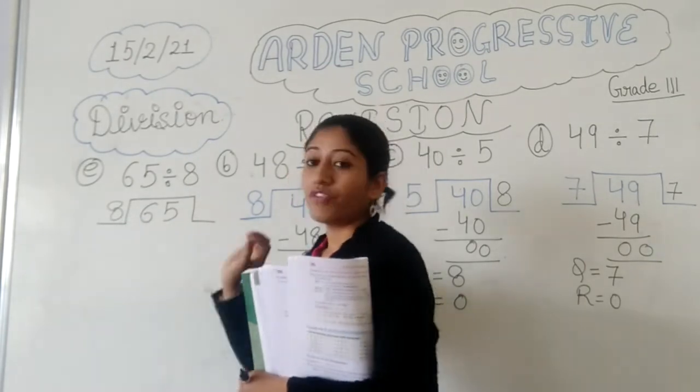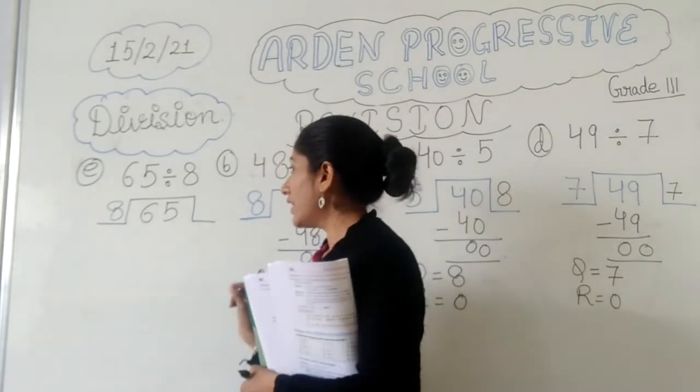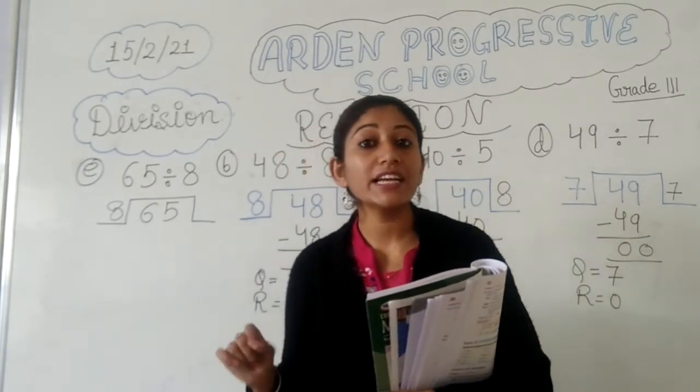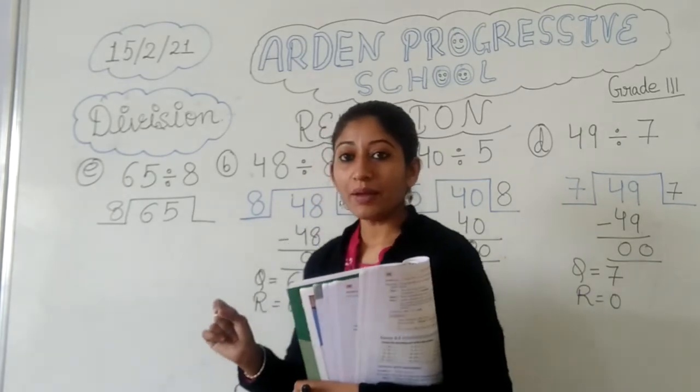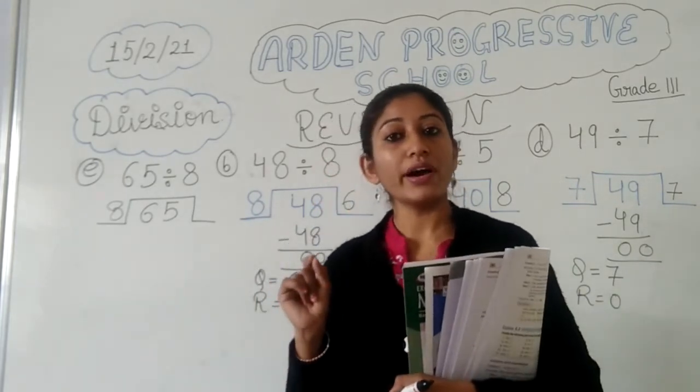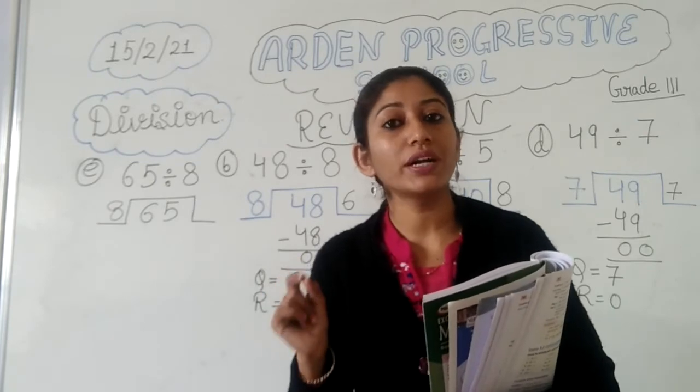So 8 fives are 40, 8 sixes are 48, 8 sevens are 56, 8 eights are 64 and 8 nines are 72. See, for doing division I told you earlier also that you must all know the tables.